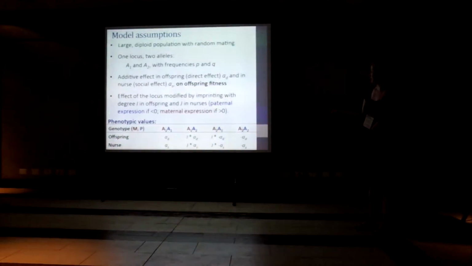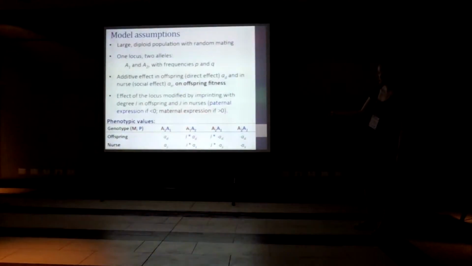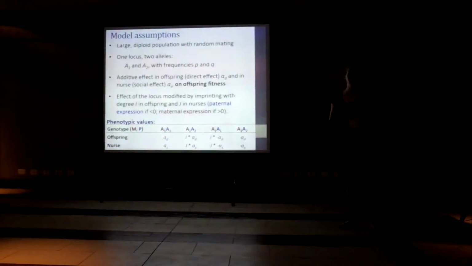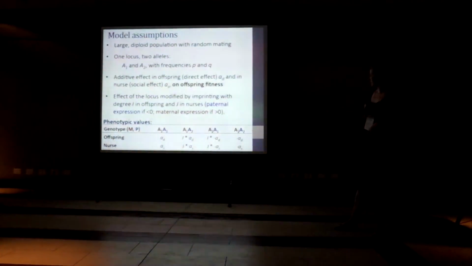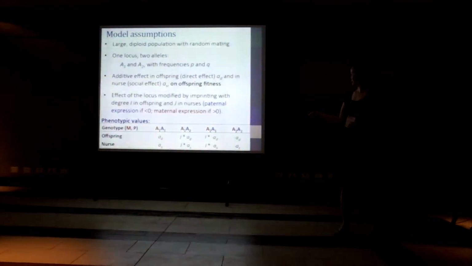And you can see that the effect of imprinting is to, in both cases, if these values of I and J are positive, take the phenotype of the heterozygote towards the phenotype of the homozygote for the maternal allele, and vice versa if it's negative, taking it towards the phenotype of the paternal allele.